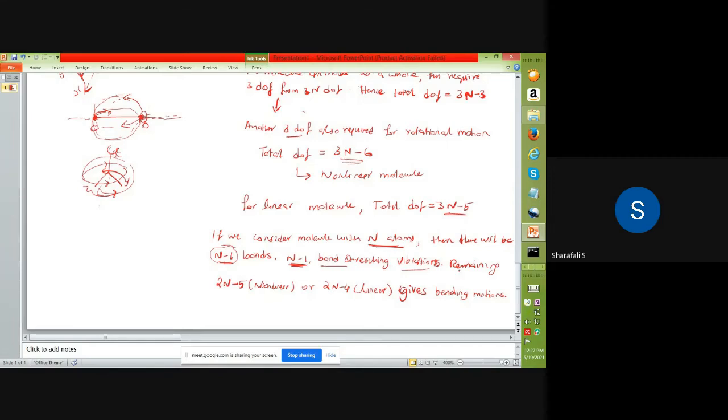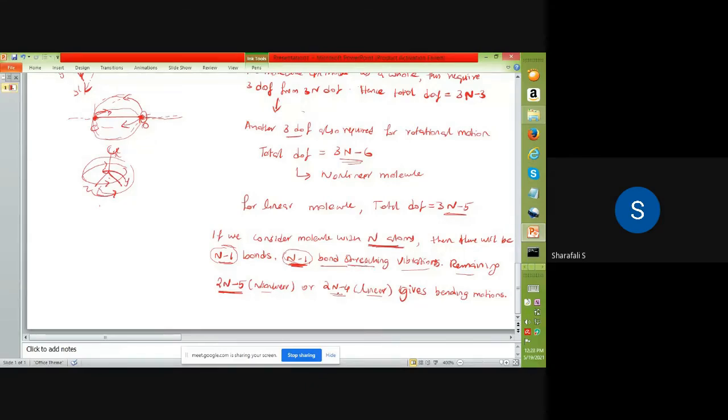And then the remaining: 2n minus 5 will be the remaining number of degrees of freedom for the nonlinear case, and in the linear case it will be 2n minus 4, since n minus 1 is taken for the stretching vibrations.